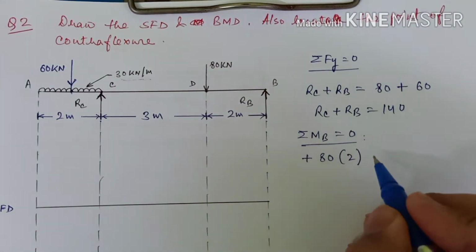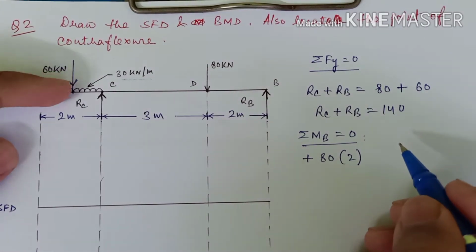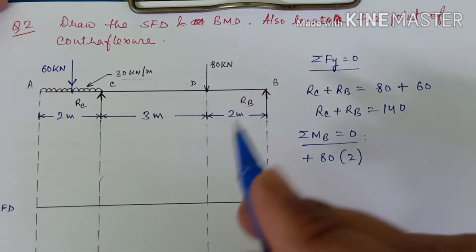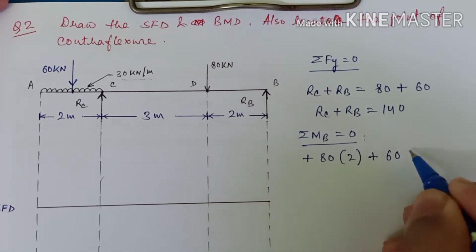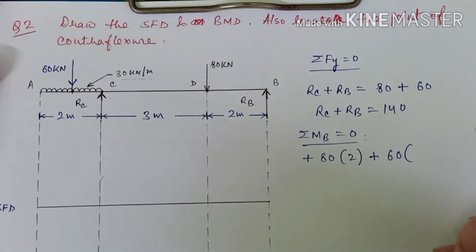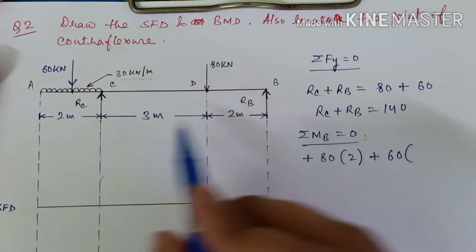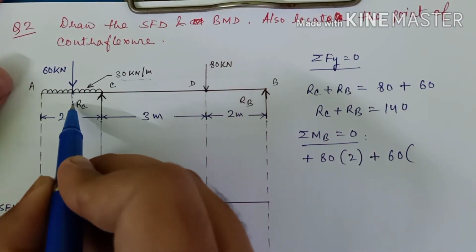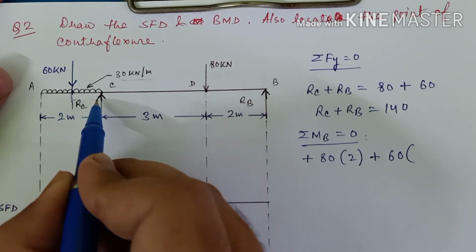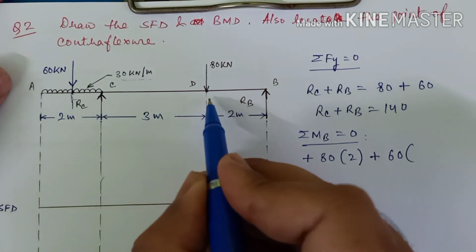Okay, so now 60, it will also try to rotate the beam in anti-clockwise, so it will be again plus 60 multiplied with the value of the perpendicular distance. See, it is acting on the center of this UDL, right? So this much is 1, this much is 3, and this much is 2.